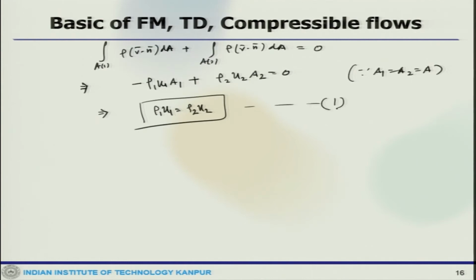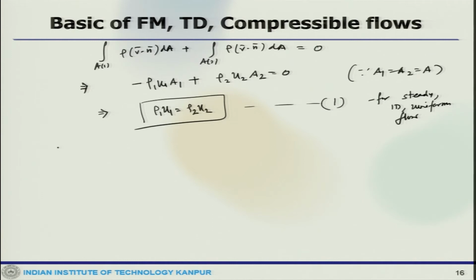That is equation 1. This is the continuity equation for steady 1D uniform flow.